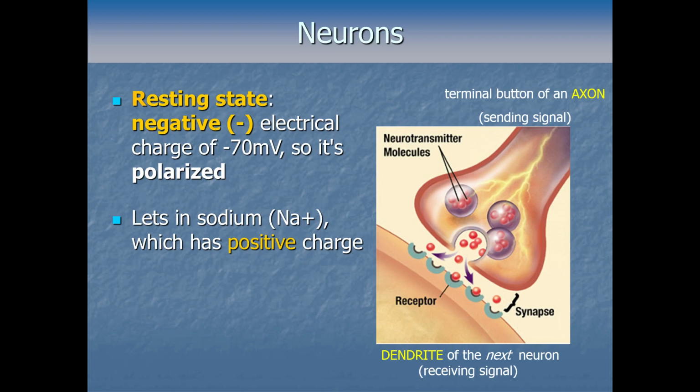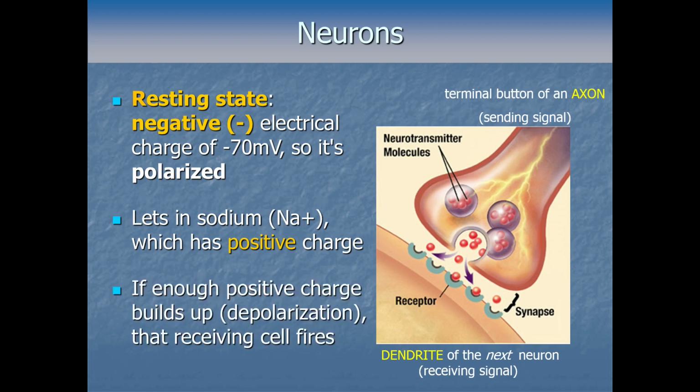It gets less polarized. So we say flooding in all that sodium is depolarizing the neuron. And if enough positive charge floods in, if enough depolarization occurs, in other words, if the neuron becomes not so extremely negative, then that receiving cell will fire. That's what makes a neuron go off.